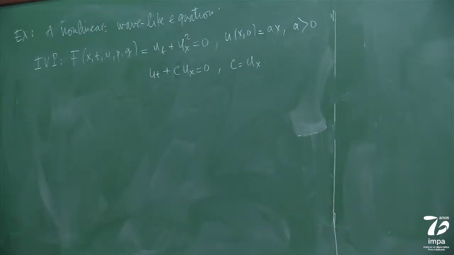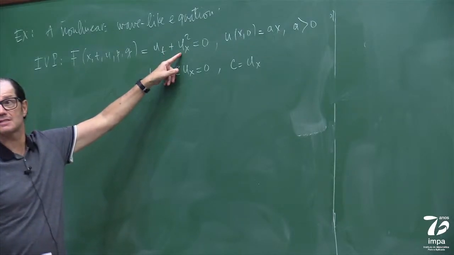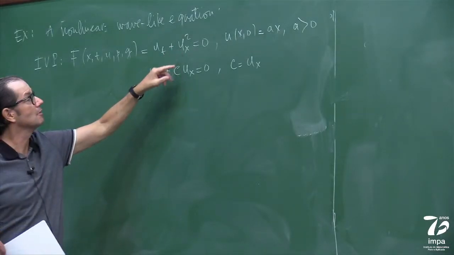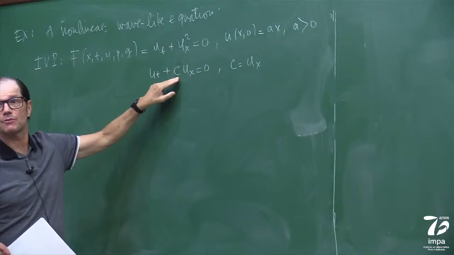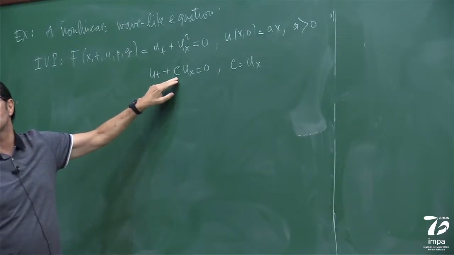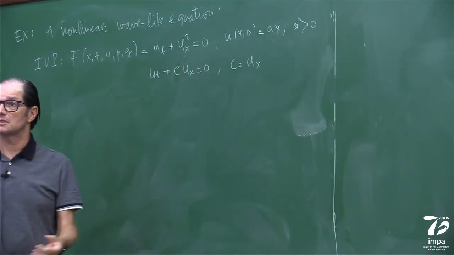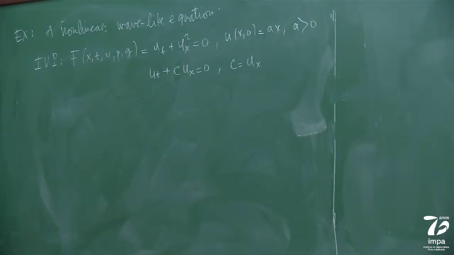Okay, so it looks like a wave equation, but now it's nonlinear. It's not semi-linear, it's nonlinear. And we can think of the propagation speed: instead of like Burgers', which was u, now it's u of x. So it's the slope that sort of controls the speed.